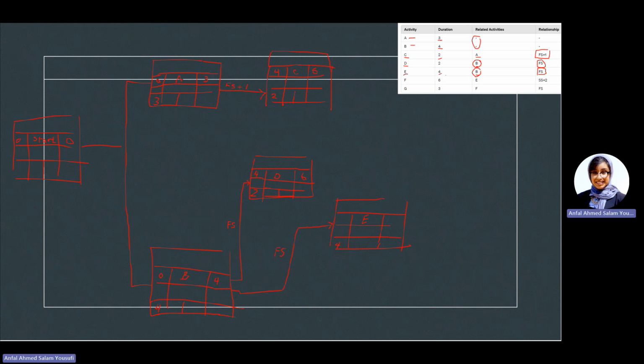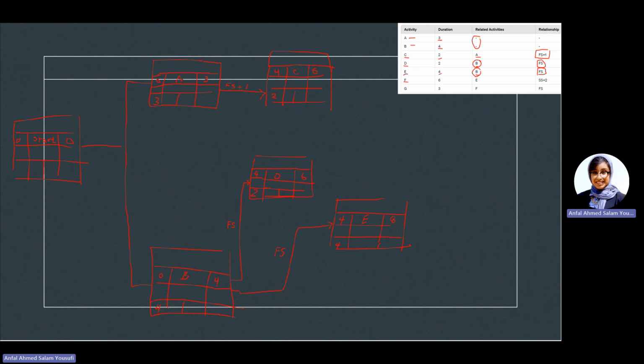If my earliest finish of B is 4 days, the earliest I can start E would be in day number 4. If this task is going to take me 4 days, I can only finish it in day number 8.